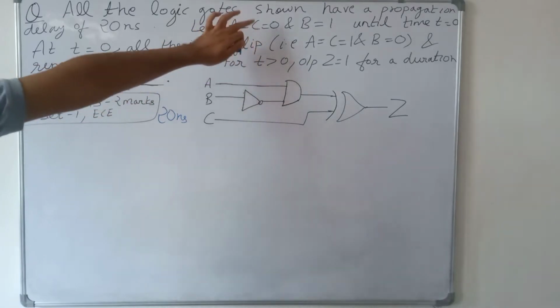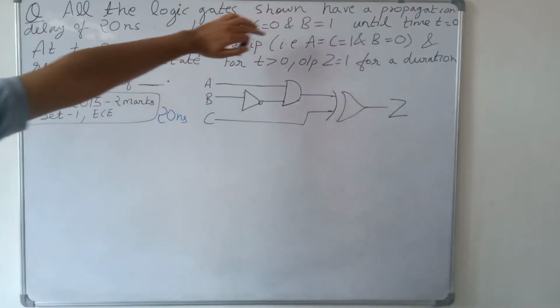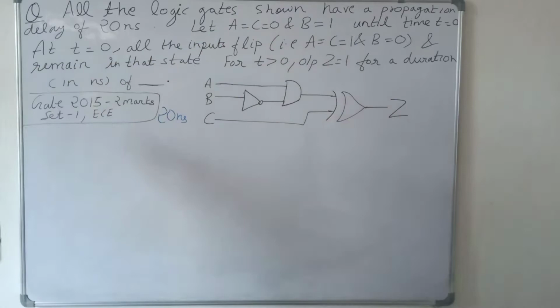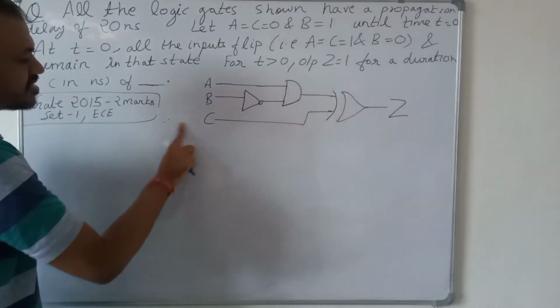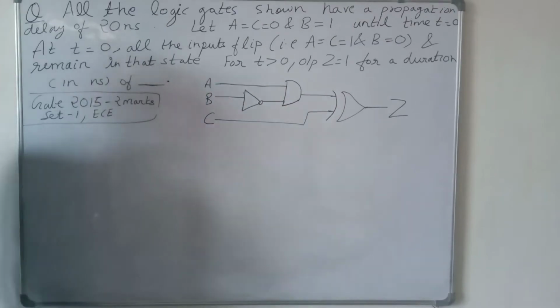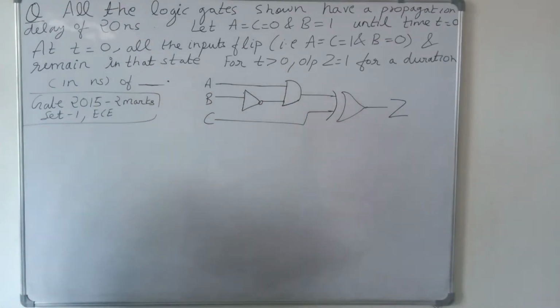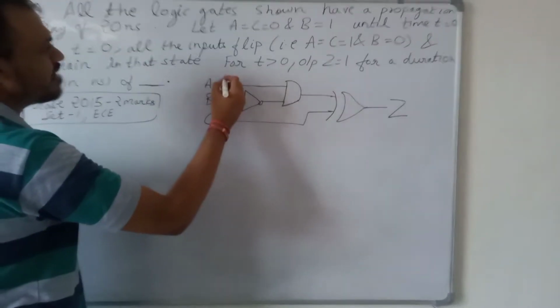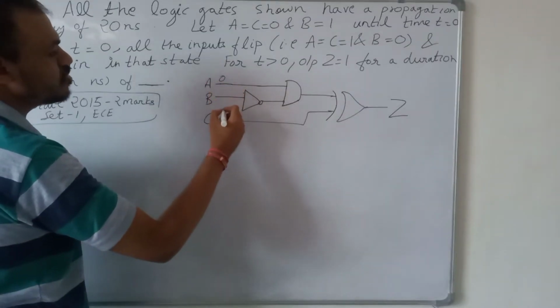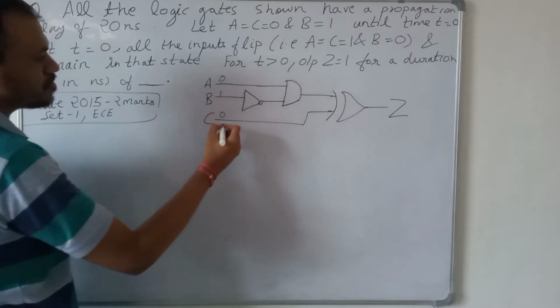Initially A equal to 0, C equal to 0 and B equal to 1 are the inputs until time t equal to 0. So just before time t equal to 0, this is a steady state, a stable state. A is equal to 0, B is equal to 1 and C is equal to 0.